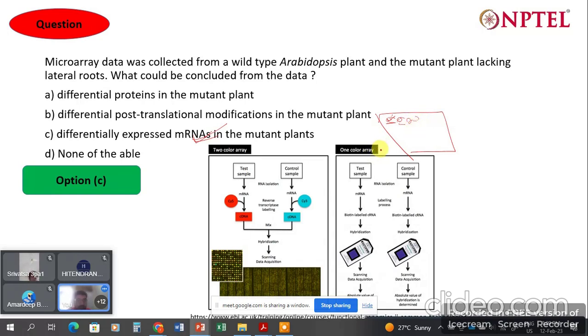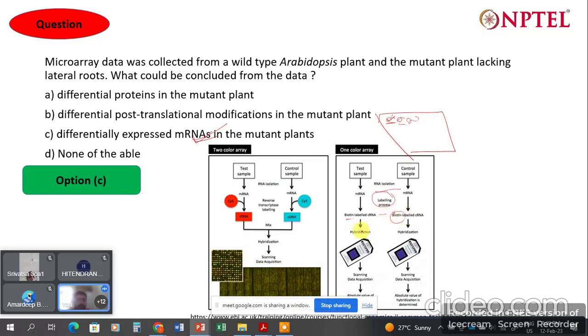So here is a one color array. There is a test sample and a control sample. First we isolate the mRNA, and then we generally do a reverse transcription and use labeled probes. We used biotin here for labeling, and the cDNA that is formed is biotin labeled.